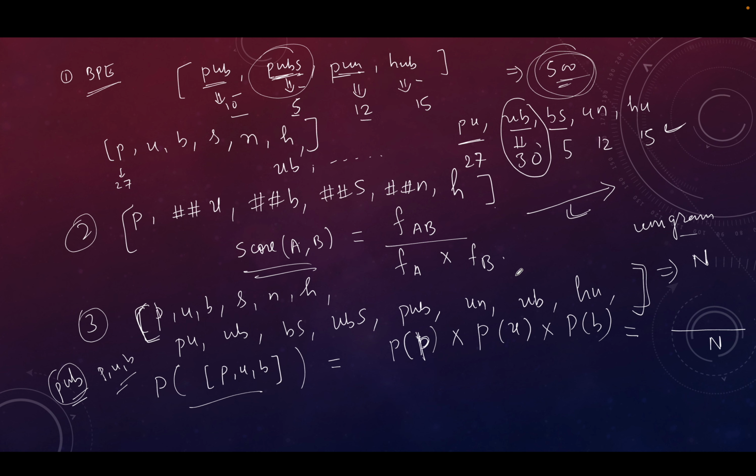So depending on the frequency, it will get some value. So P divided by n, maybe let's say it occurs 10 times. So 10 by, let's say n is 10,000. So 10 by 10,000 multiplied by U is occurring, let's say 5 times, 5 by 10,000. Then B is occurring, let's say 20 times, 20 by 10,000.